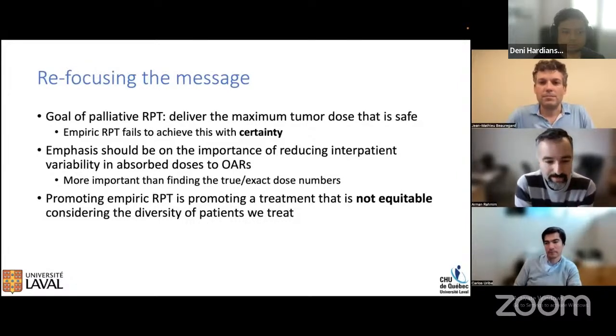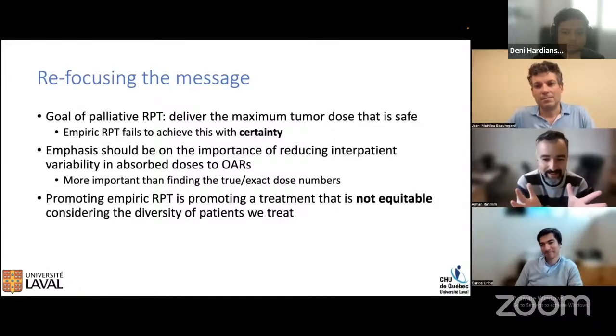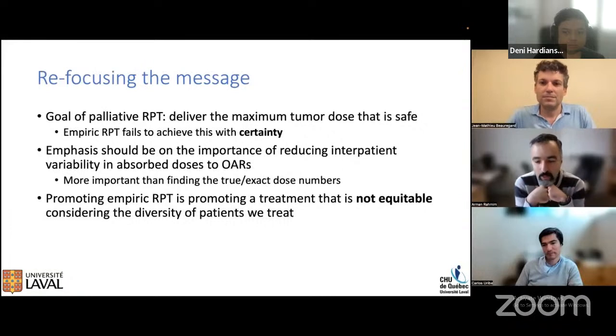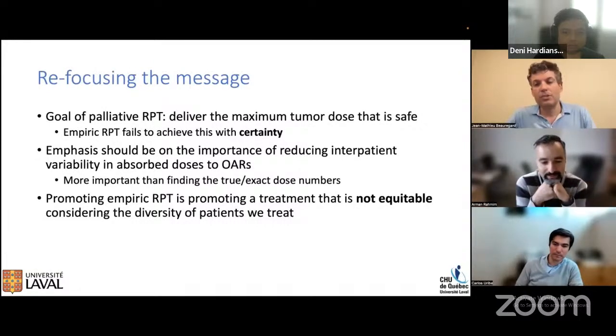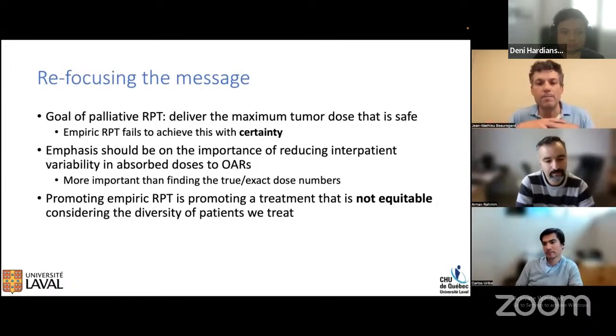So I guess the message you're trying to convey is that we can really do things better. We can reduce this massive variability that is there, and often we don't want to admit that it is there, right? Yes, it's essential to decrease this variability in absorbed dose if we want to max it out while still under a safety threshold, and in turn that will allow us to maximize the tumor dose.